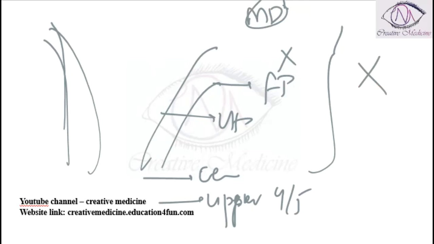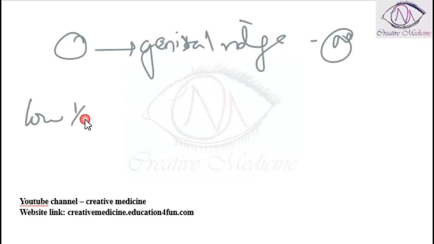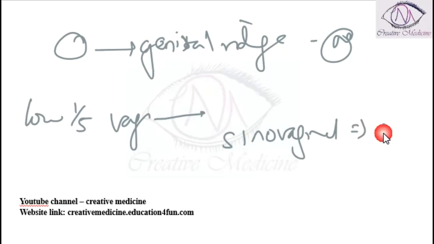The ovaries are developed from the genital ridge, so the ovaries are normally developed, whereas the lower 1/5 of the vagina is developed from the sino-vaginal bulb, so it is also normally developed.